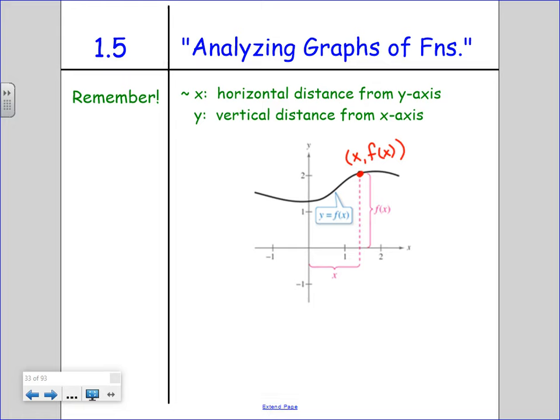Do a quick squiggle and then be like, hey, point. Label x as how far over, f of x, which is like the y, how far up. Meaning of the point. Which hopefully helps some of you that are still struggling with function notation. When we have an x like 1, f of 1 is just equal to the y value. That's all we're talking about.